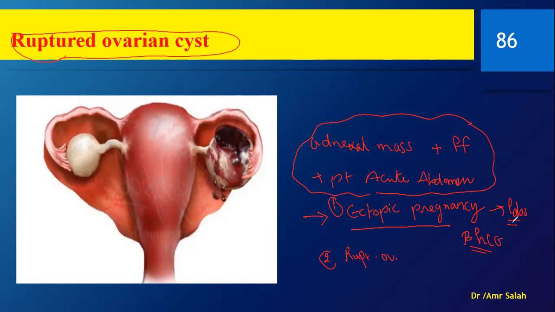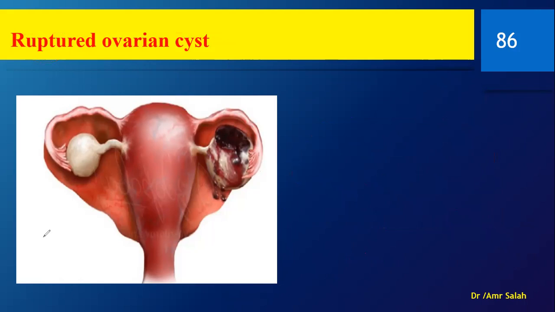But her hormones would be negative, so there is no pregnancy, but she's having this. So they are similar, but it's less common, yeah, but it does happen. So let's see how it looks by the ultrasound.